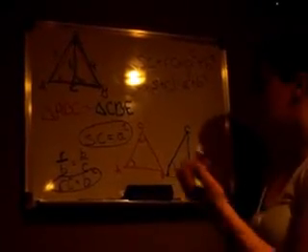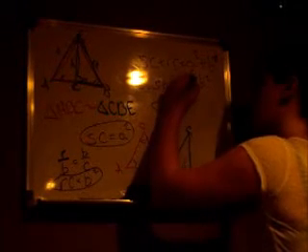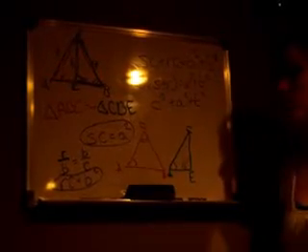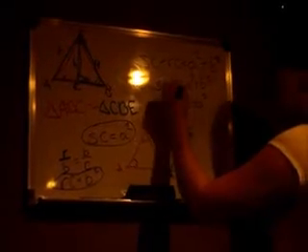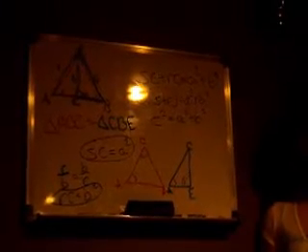So then we get C squared equals A squared plus B squared. It concludes the Pythagorean theorem.